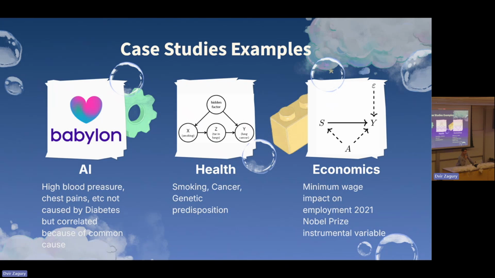And also, there was a common cause to both diabetes and the diseases that would commonly cause those other symptoms. So that made it look like they have a high correlation.